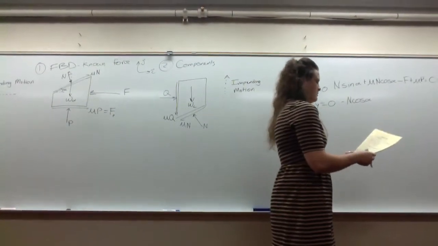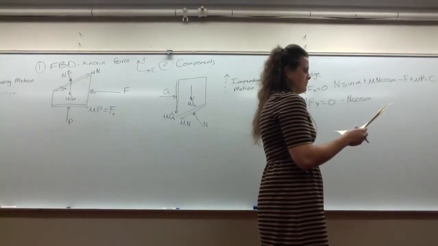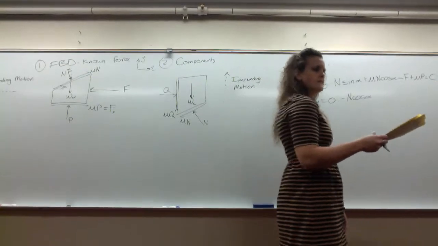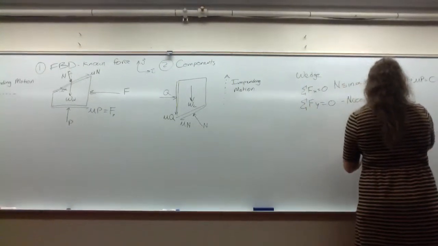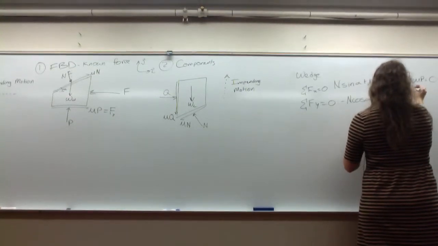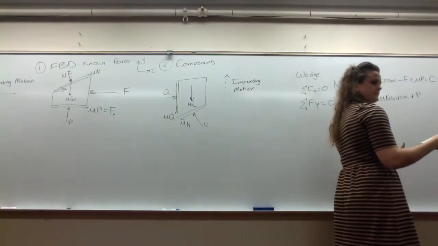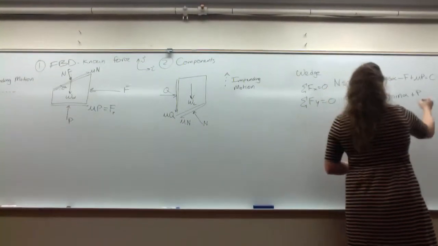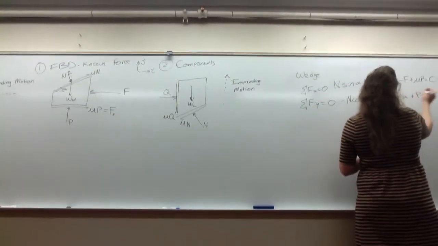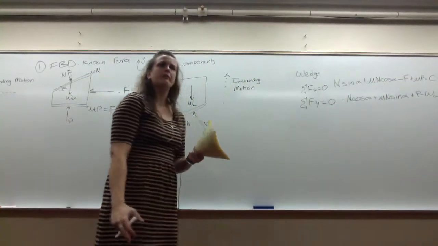So N cosine alpha, minus mu N sine alpha, plus P, and then minus the weight. Perfect.